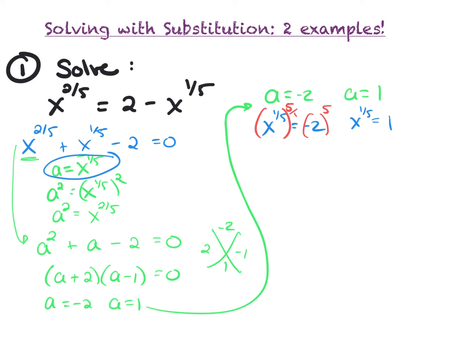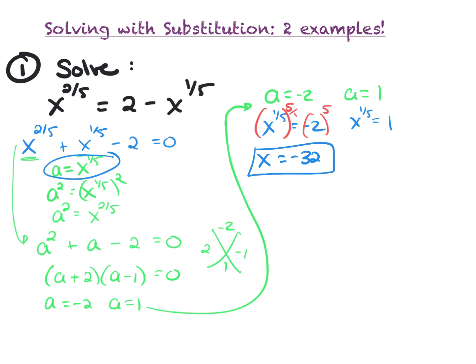Much like in the previous steps where we took 1/5 and multiplied it by 2/1, we multiply the exponents together. Here, if we multiply 1/5 by 5/1, they'll cancel, and we'll be left with x to the 1 equals now -2 to the 5th power. That's -32.